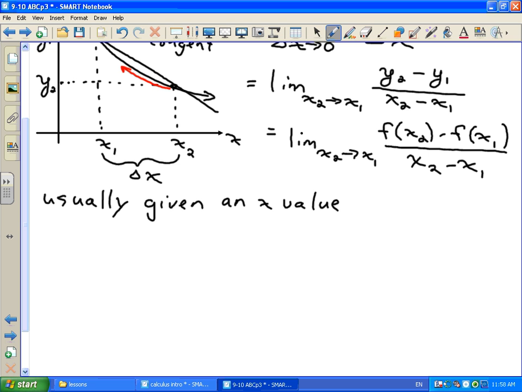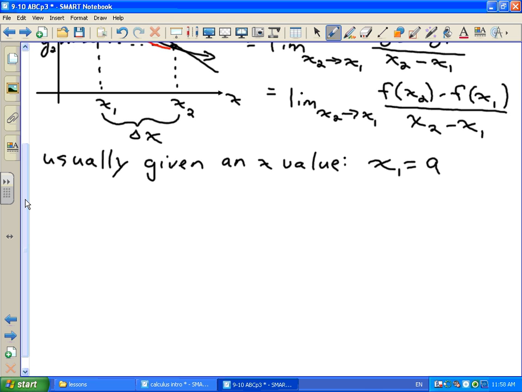Okay? So we can just say that specific x value, let's say x1 is equal to a, where a is some number, 2, 4, negative 37, whatever.